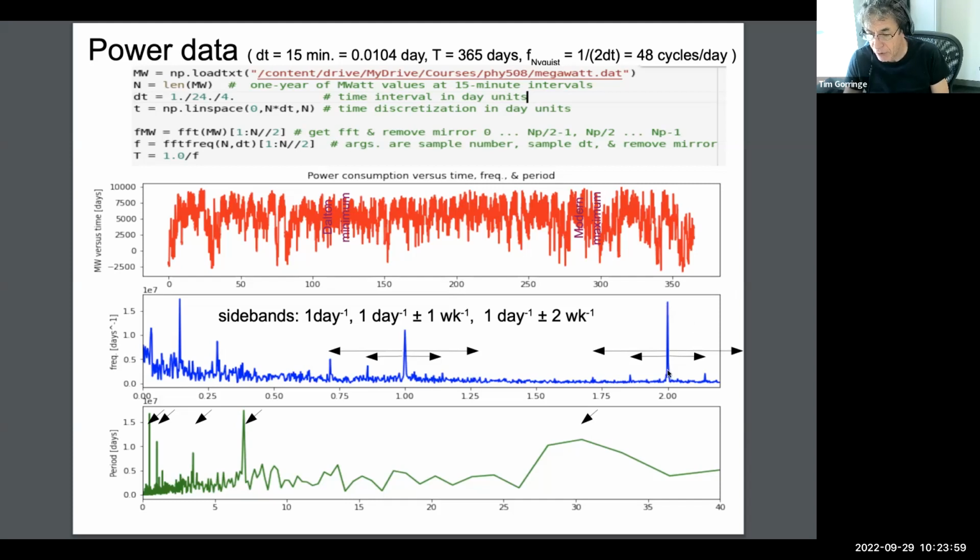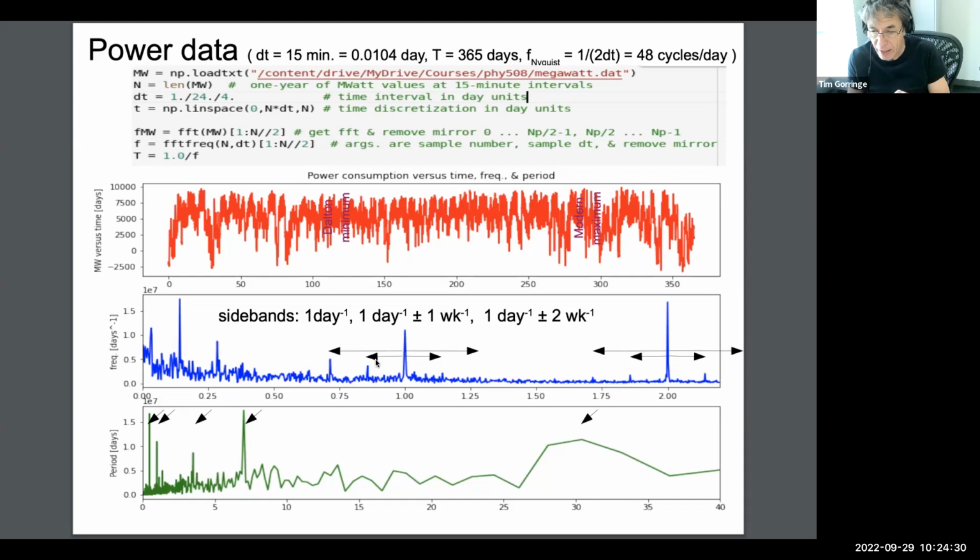Likewise, if I go over to this higher harmonic, which is 2 cycles per day, to the left of it, there are also 2 peaks. And to the right of it, there are 2 peaks. Now, those satellite peaks to the left and right of the one cycle per day, and to the left and right of 2 cycles per day, are called sidebands.